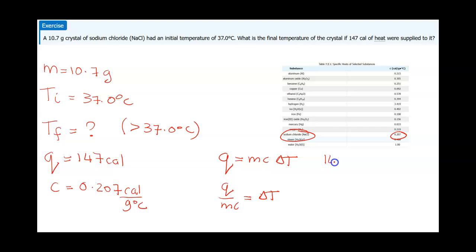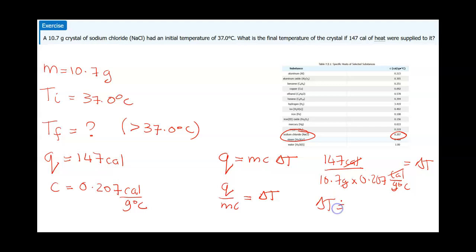So Q was 147 calories, m was 10.7 grams, and c was 0.207 calories per gram per degree Celsius. So that's equal to ΔT.